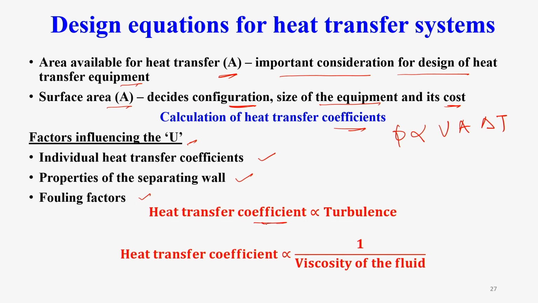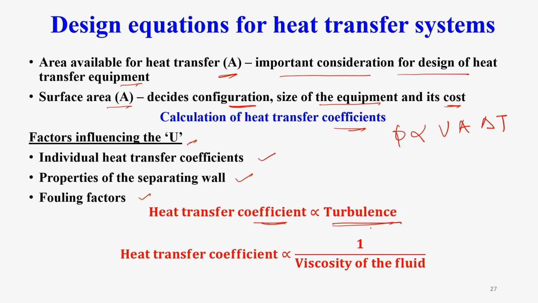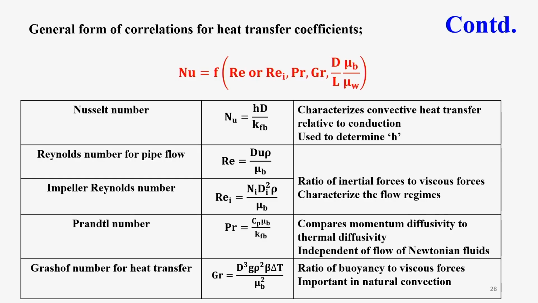And the heat transfer coefficient, as I told, is regulated by the liquid film, so it is directly proportional to the turbulence and inversely proportional to the viscosity of the fluid. Based on this, there is a general form of correlation for the heat transfer coefficient with the fluid properties.